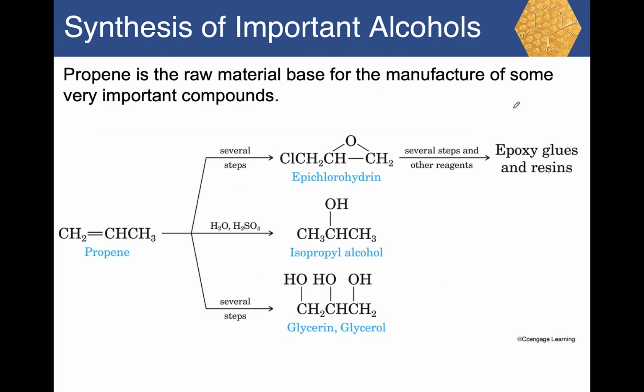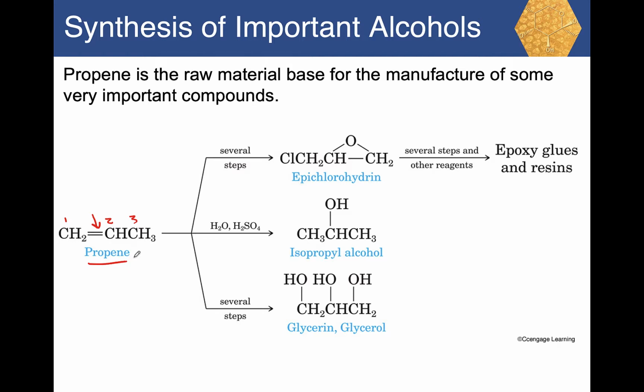Lastly, here's another one, propene, 3 carbons, 1, 2, and 3. But important here, it's a double bond. This propene is again readily obtained from fossil fuel during the distillation process.